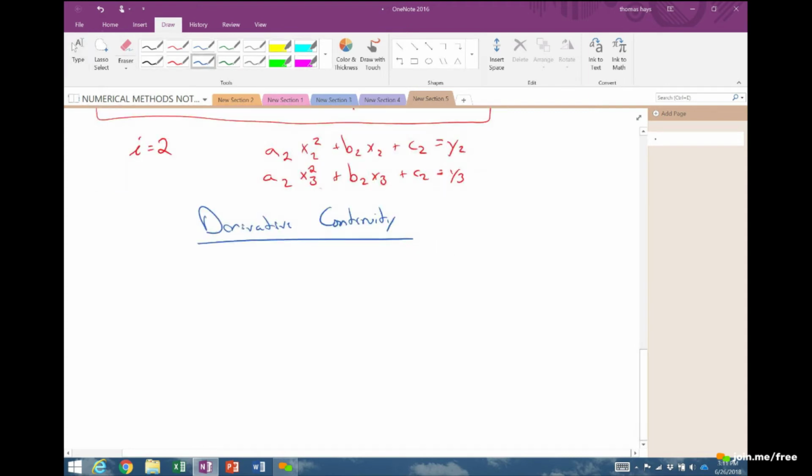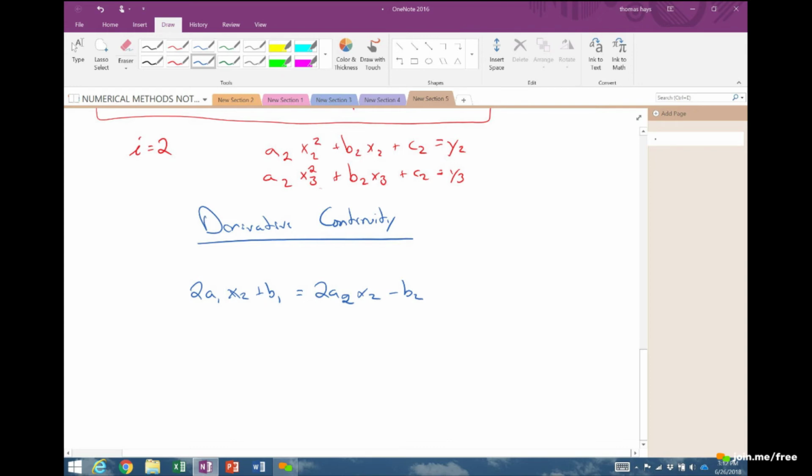The equation 1 derivative being equal to equation 2 at the right-hand side would be 2a1 x2 plus b1 equals 2a2 x2 plus b2. That's the derivative of the first equation at the right-hand side, set equal to the derivative of the second gap equation at the left-hand side, both of which plug in the value x2, because that's where the intercept happens, right?